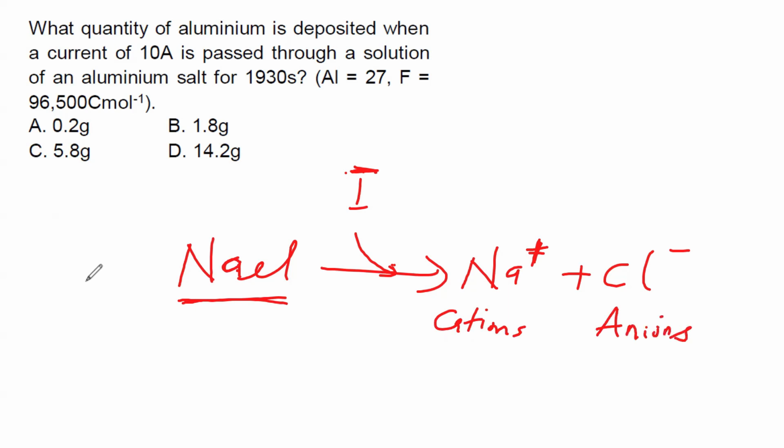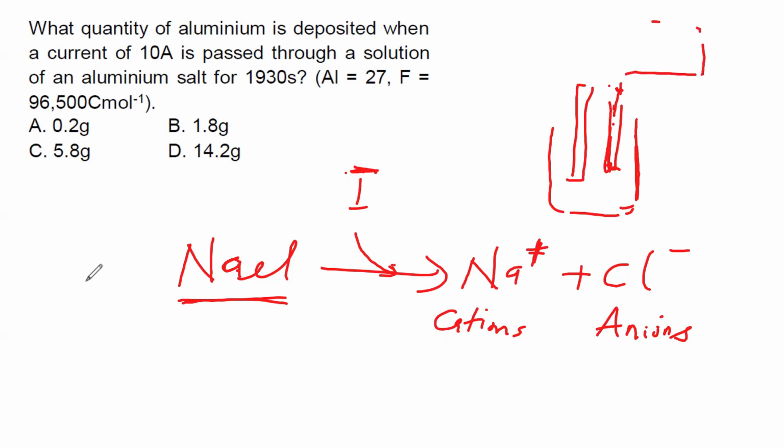And remember, during this electrolysis, we have what you call an electrolytic cell. In this electrolytic cell, we have two electrodes, and these two electrodes comprise the cathode and the anode.